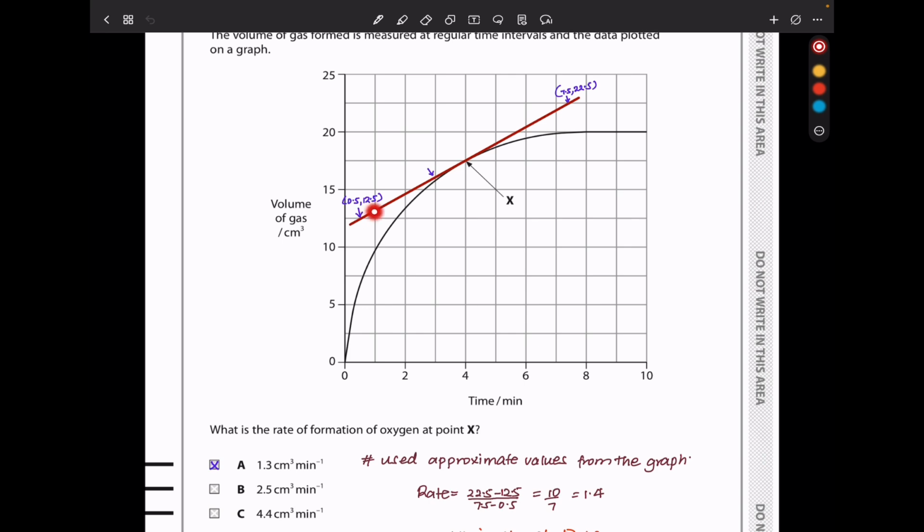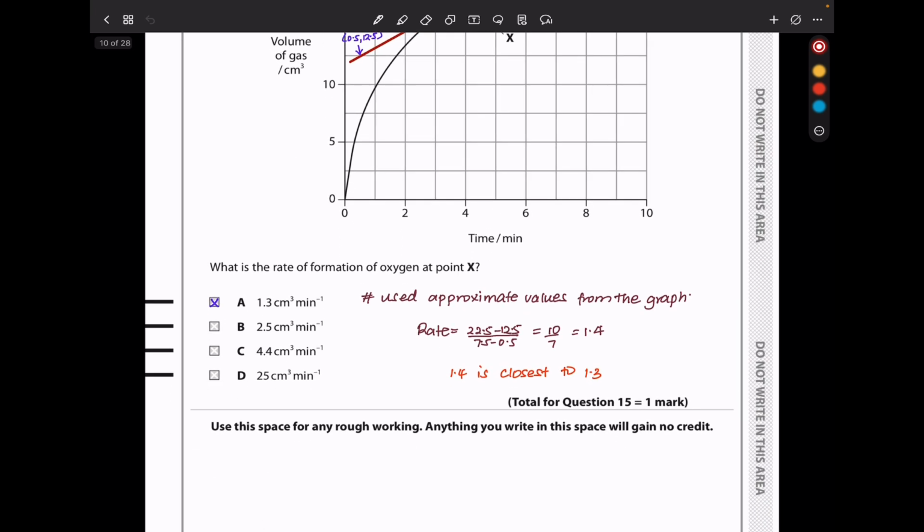So I drew my tangent like that and I got these points: 0.5, 12.5 and 7.5, 22.5. I used those to calculate my gradient and my gradient was 1.4. Since 1.3 is closest to 1.4, I took my answer to be A.